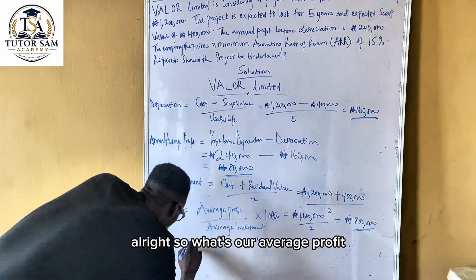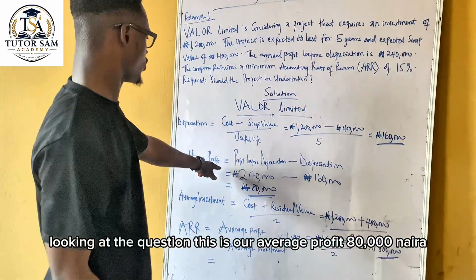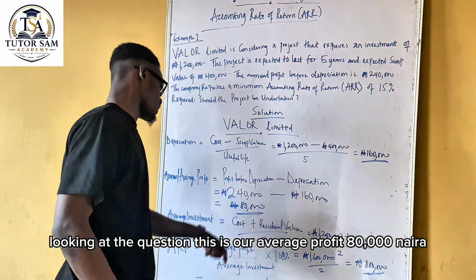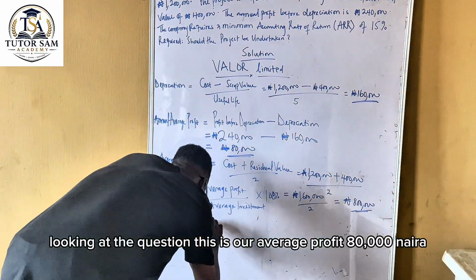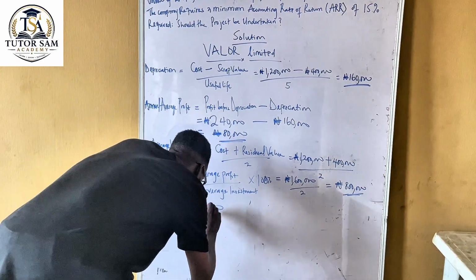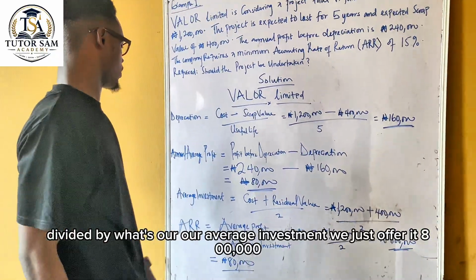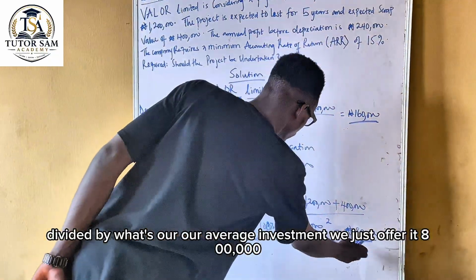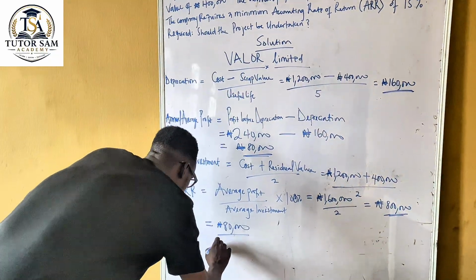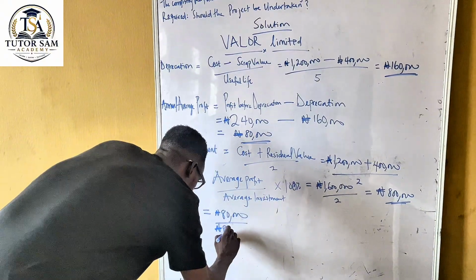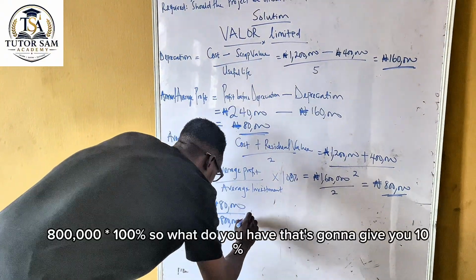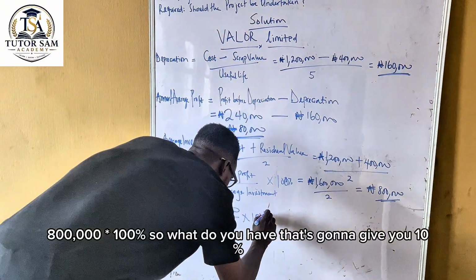So what are the average profits? Looking at the question, these are average profits: 80,000 divided by our average investment, which we just found, 800,000, times 100%.